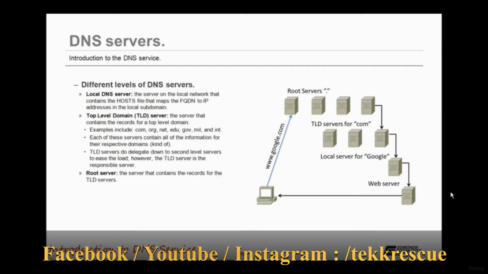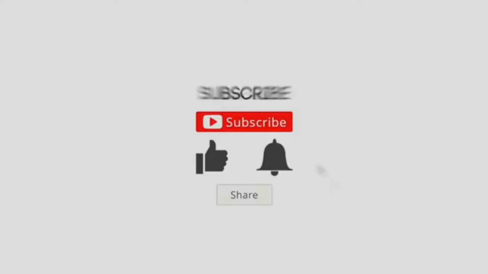But the TLD server is the server that is responsible for maintaining the record. Then there's the root server. This is the server that contains all of the records for the TLD servers. So if you're looking for a TLD that is kind of unknown, you will actually go to the root server, which will then pass you onto the appropriate TLD.